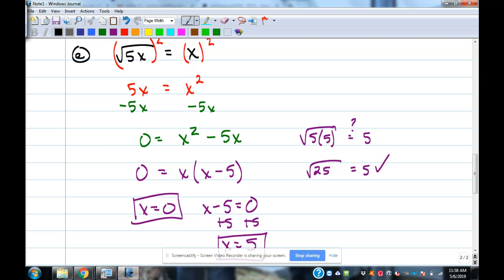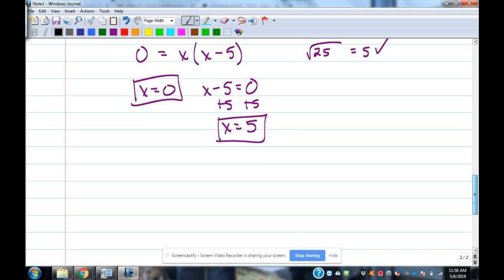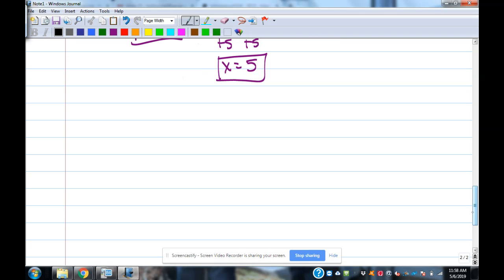Okay? Let's look at example F. Square root of 90 minus x is equal to x. So this is similar to the previous problem. All right.